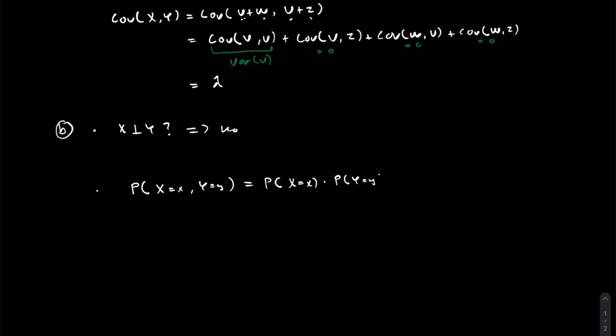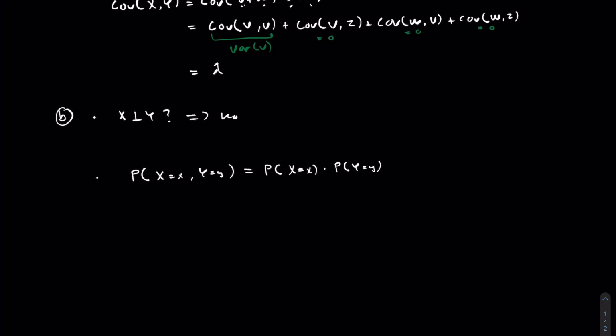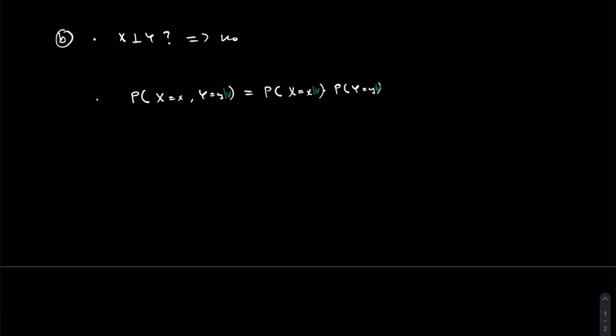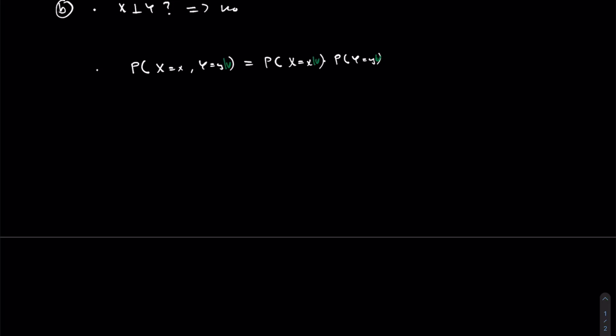And that would hold the same if we condition, right? So if we condition on V here, then we would have basically the same thing holding here. So let's see if we can get that form that the left-hand side matches the right-hand side.